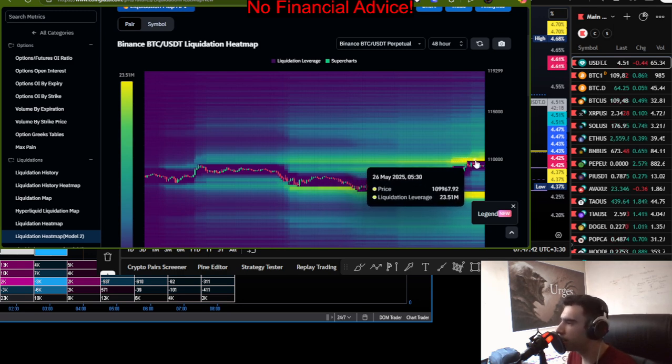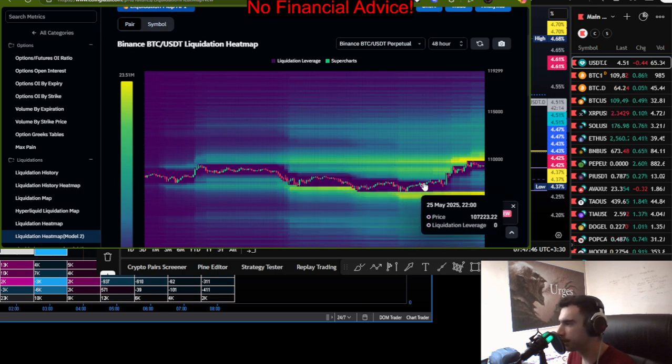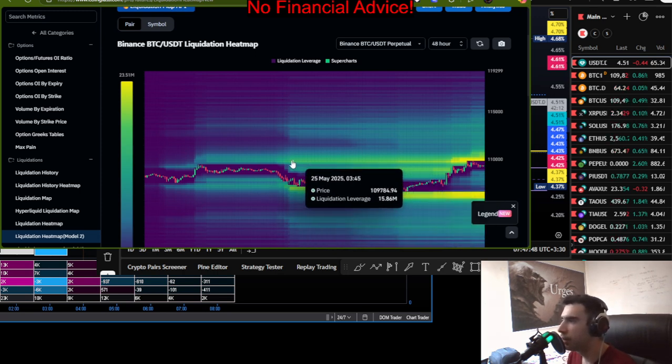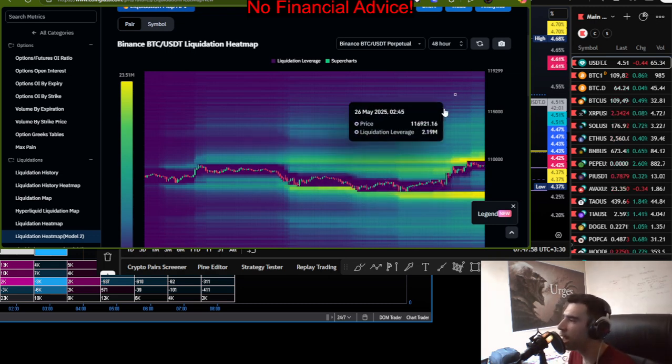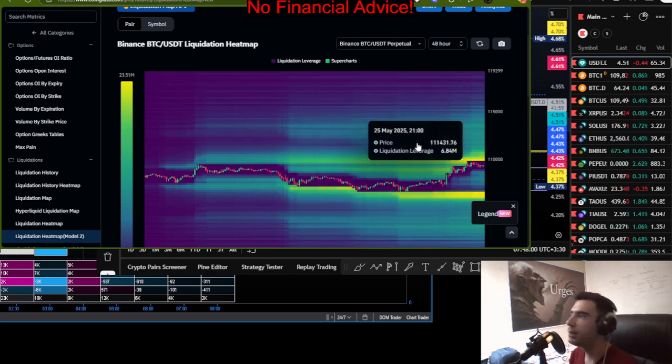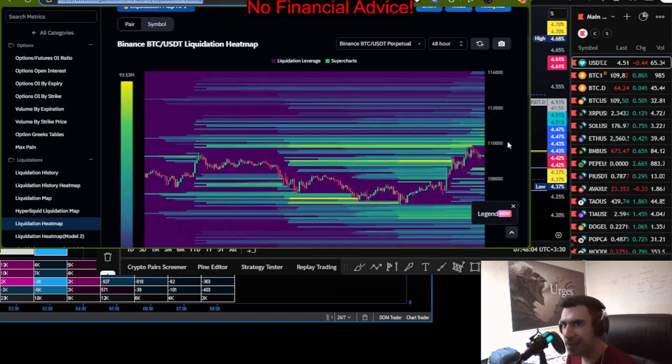So it's getting brighter. A lot of people are shorting around here. You could see this is the Sunday move and Saturday move, right? Before that it was not much, but it starts to get brighter as we were going into Saturday and Sunday. So people were shorting the bottom, shorting the 106. Now guess what? A lot of them got cleared out, right?